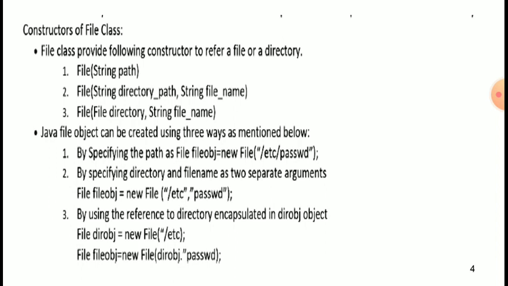A Java file object can be created using 3 ways as mentioned below.